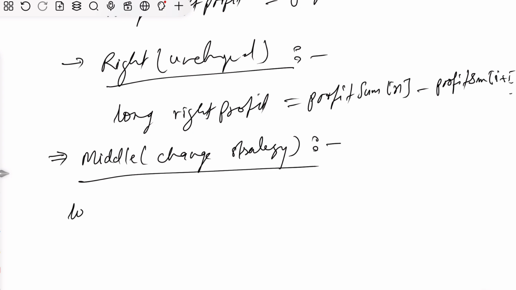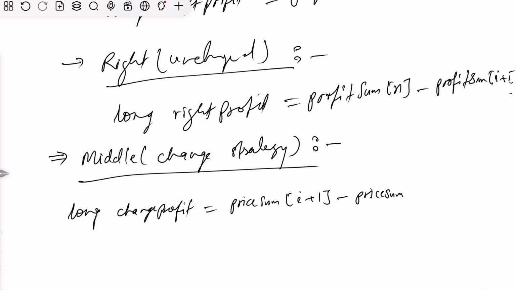I'll take long, and we'll say this is our change profit, and we can get it from price sum, we'll say i plus 1 minus price sum at i minus k by 2 plus 1, right? So this is the trick that we will use in our code, right?